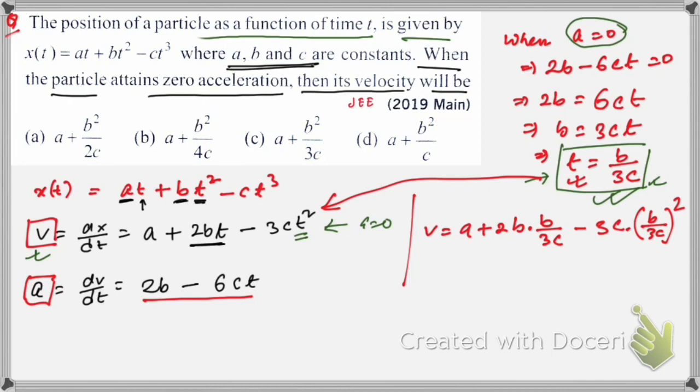Now you will get v is equal to a plus 2b square by 3c, then minus 3c b square by 9c square. That's what we have got.